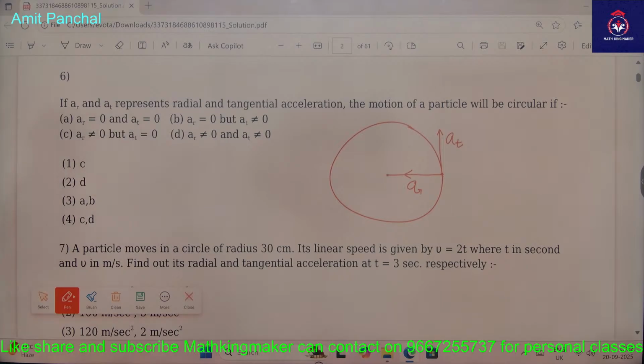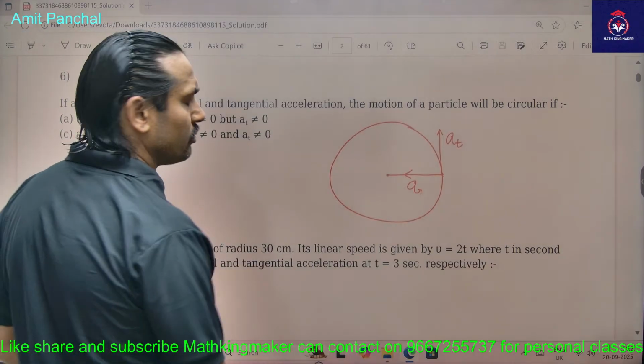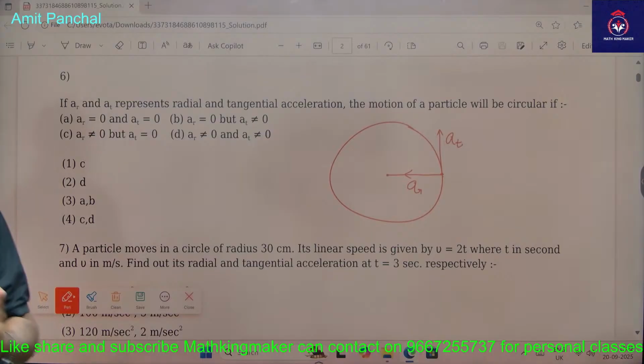When it will be circular, what is the condition? The condition to become circular is that they're balancing each other out. None of them should be 0. If the acceleration is 0, then what is the meaning?